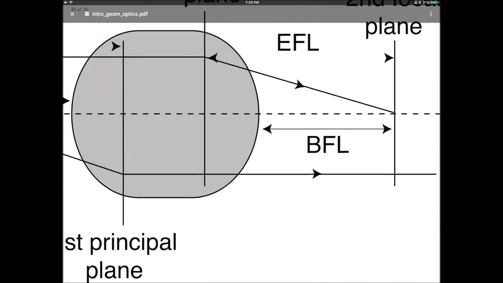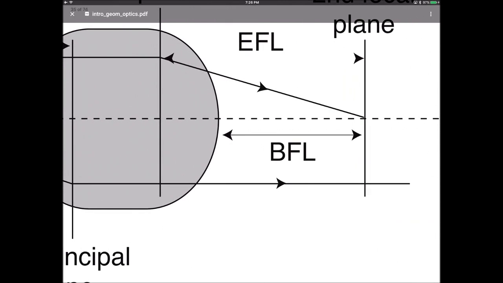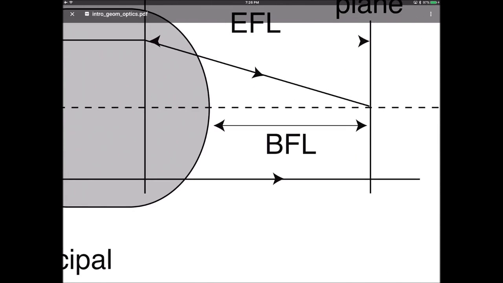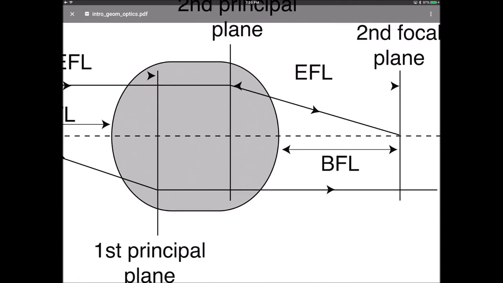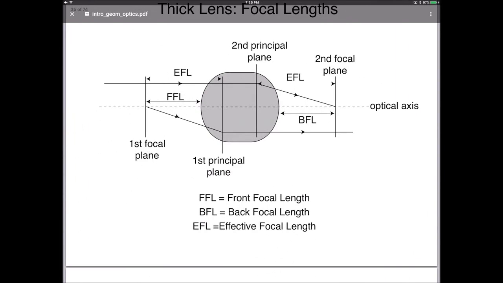Similarly, we can get an effective focal length behind the lens, and that's the sum of the back focal length plus the distance between the interface and the second principal plane. So that's defined over here. These are again cases for the thick lenses, and thick lenses are what you would usually come across on a day-to-day basis.